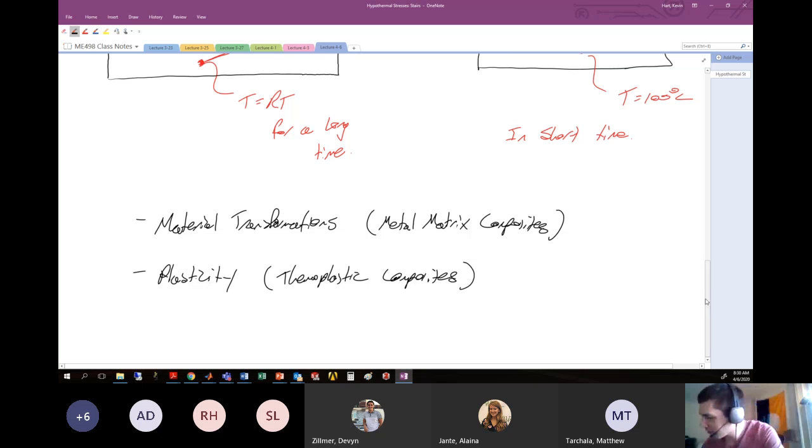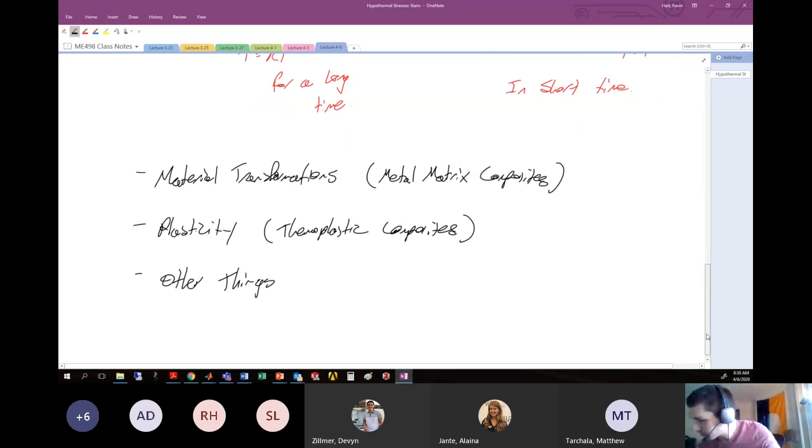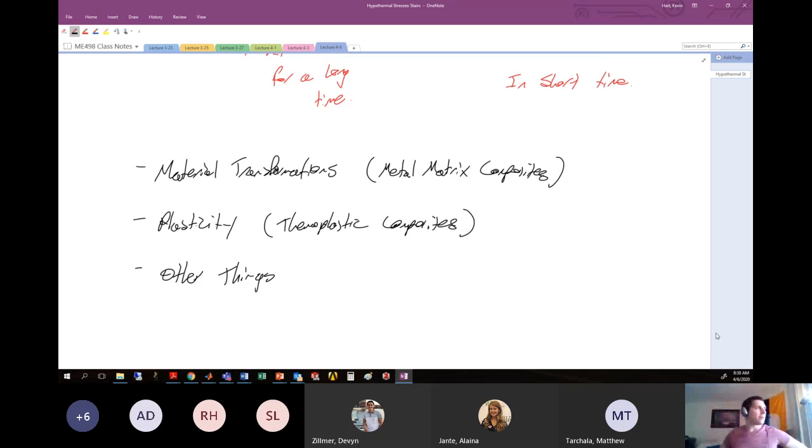All right, so plasticity for thermoplastic composites, and there are other things that may contribute. Okay, we're not really going to chat much about those.